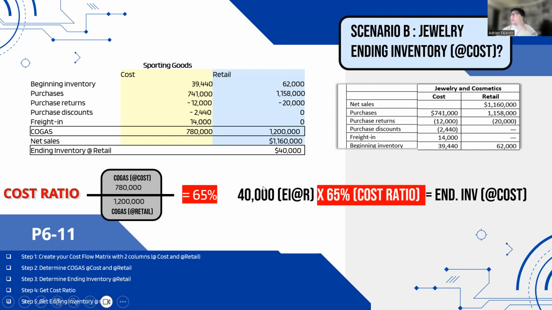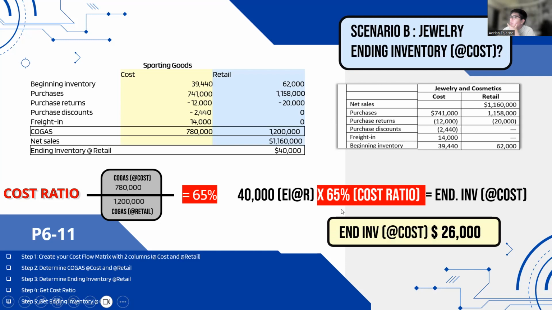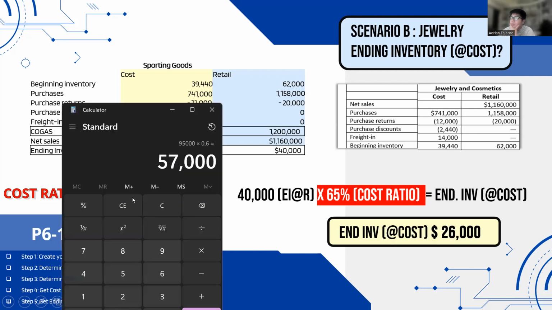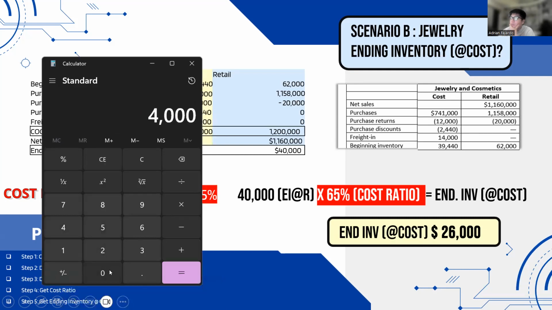So again, to summarize, it's 40,000 times 65% cost ratio is equal to ending inventory at cost. So it's 40,000 times 0.65 equals 26,000 ending inventory at cost.